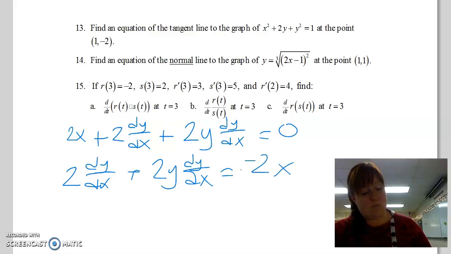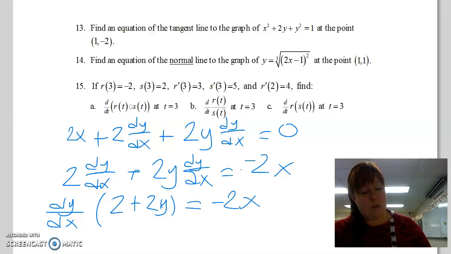And then we factor out the dy/dx, and we end up with 2 plus 2y equals -2x. And then we divide by 2 plus 2y.